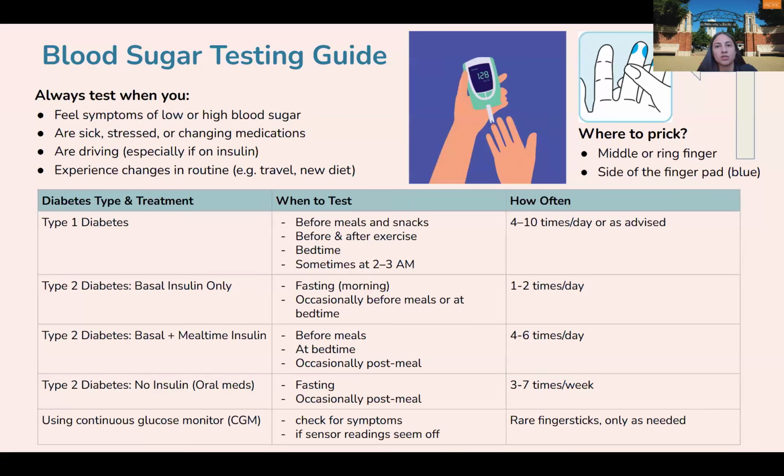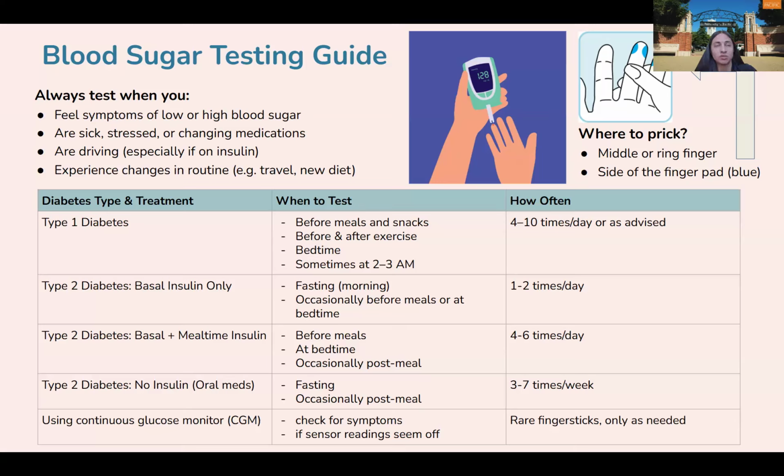And then for type 1 diabetes, it's more often. So this will be before or after meals, and then sometimes at bedtime, and it could also be, if indicated by the doctor, at 2 or 3 a.m. But usually all these indications will come with the actual prescription from the PCP, primary care physician.